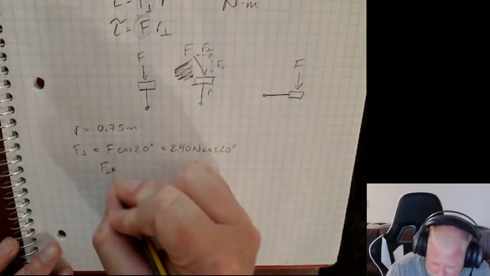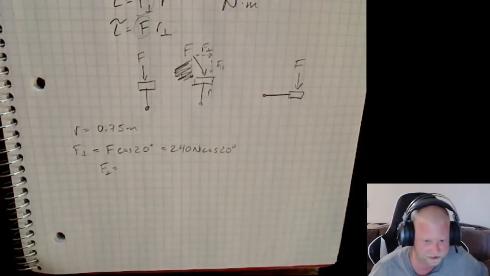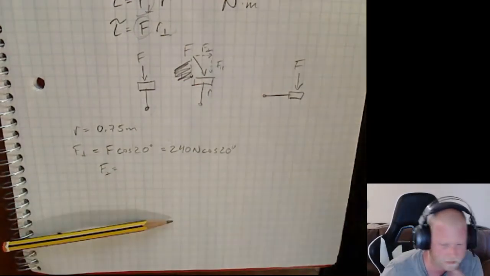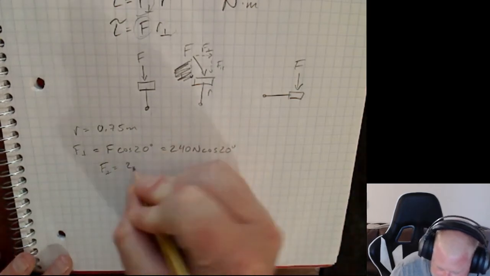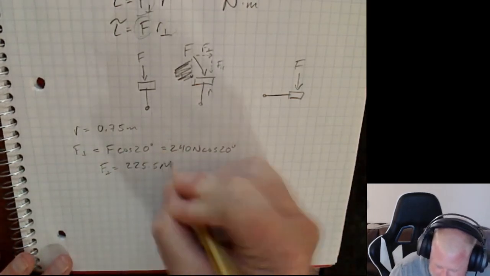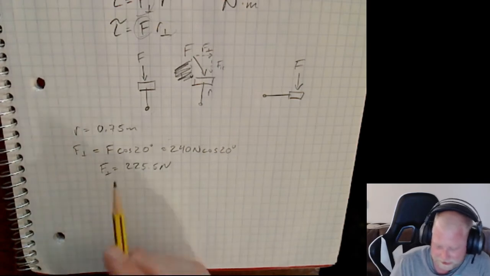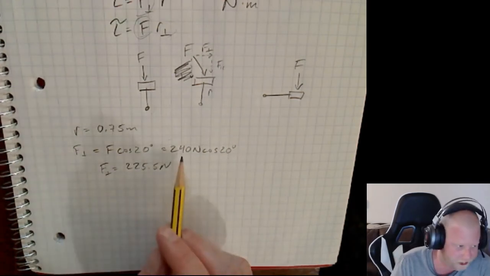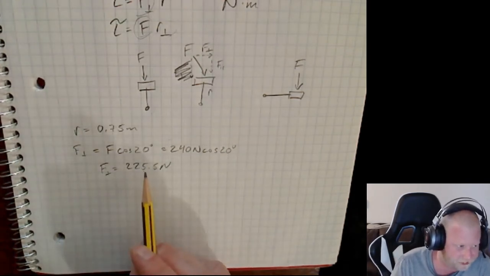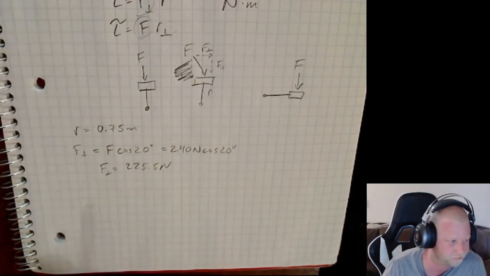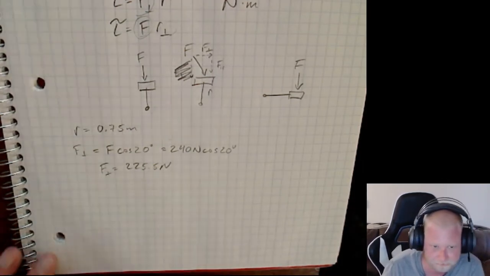Make sure your calculator is in degrees and not radians. And you get 225.5 newtons. So this is the only amount of that 240 newtons worth of force that actually contributes to that door being rotated.